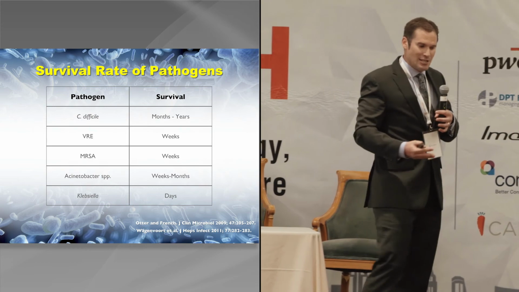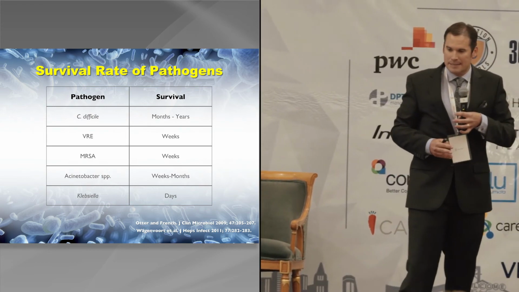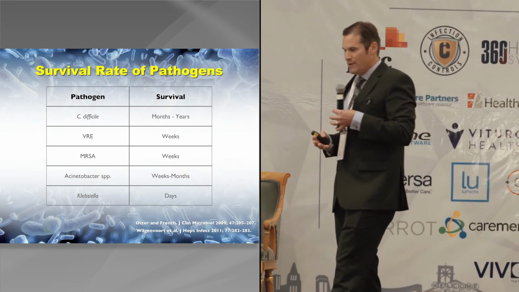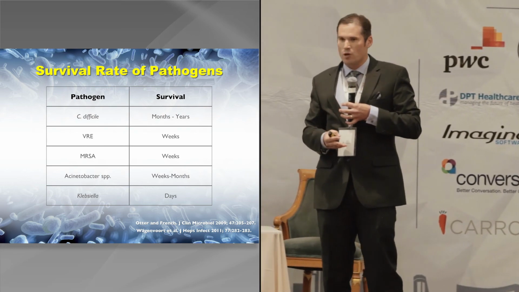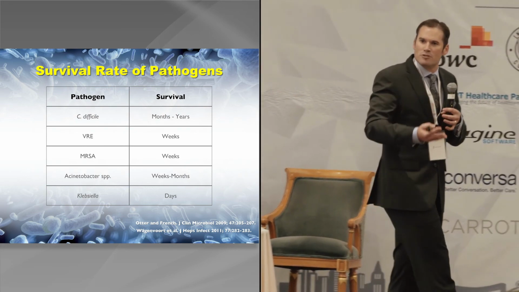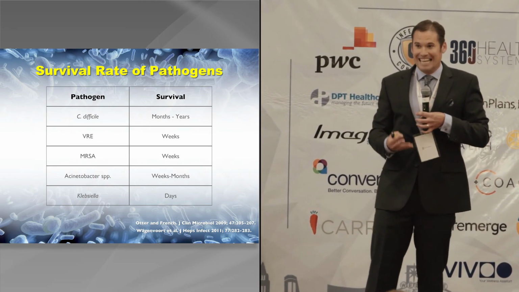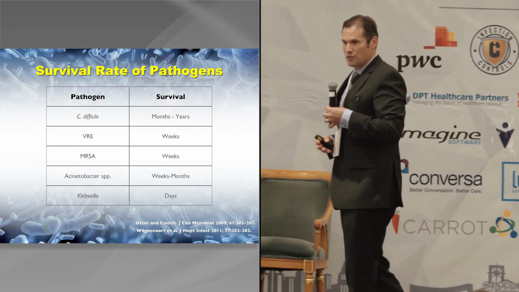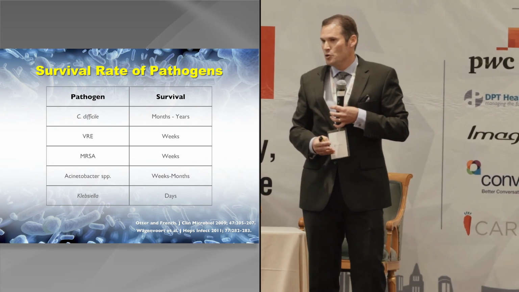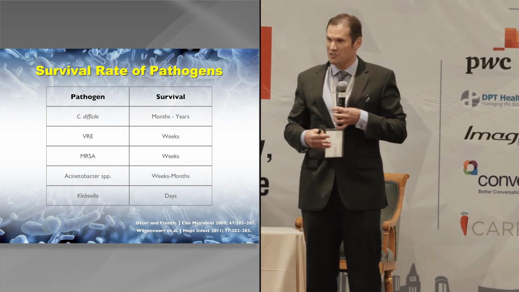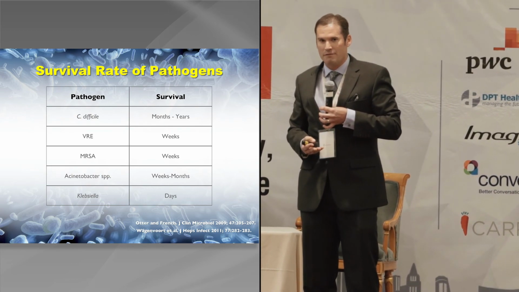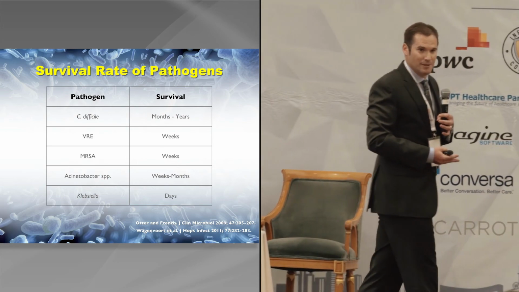Klebsiella, days. I put Klebsiella up here because this is a big one in terms of antibiotic resistance, and some of you might have heard the term CRE, carbapenem-resistant Enterobacteriaceae. This is one of the most deadly bacterial infections you could potentially have. You use a last resort antibiotic, typically colistin, which right now has a 50% survival rate if you get CRE.